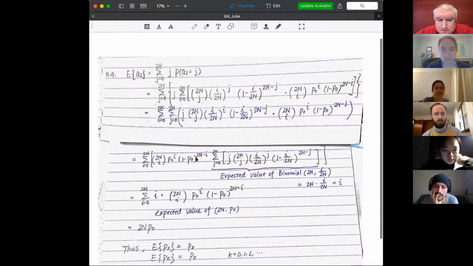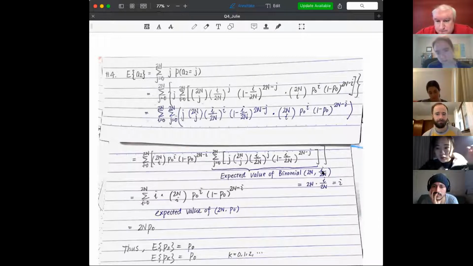And then you would put this summation sign back into here, and this will give us the expected value of a binomial random variable, because this is the equation that we have for a binomial random variable having 2n trials, and the probability is I over 2n. So I over 2n is P1.